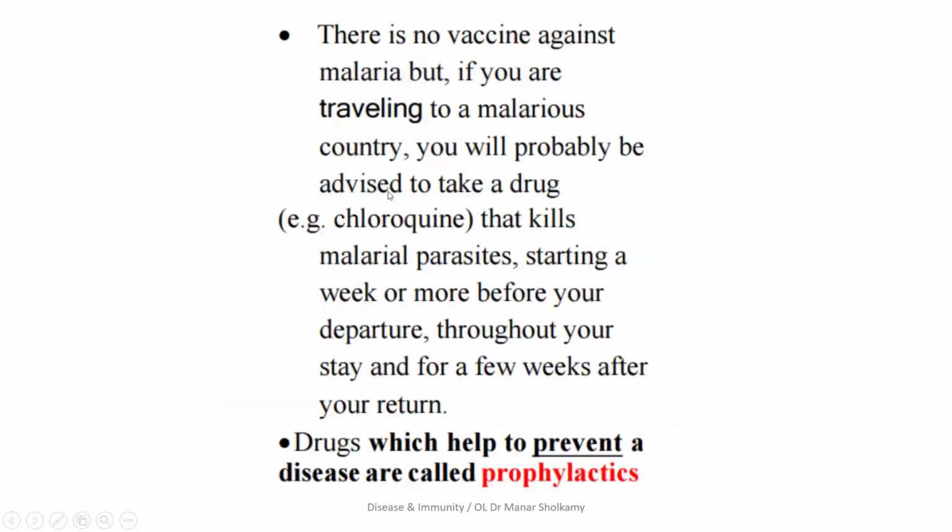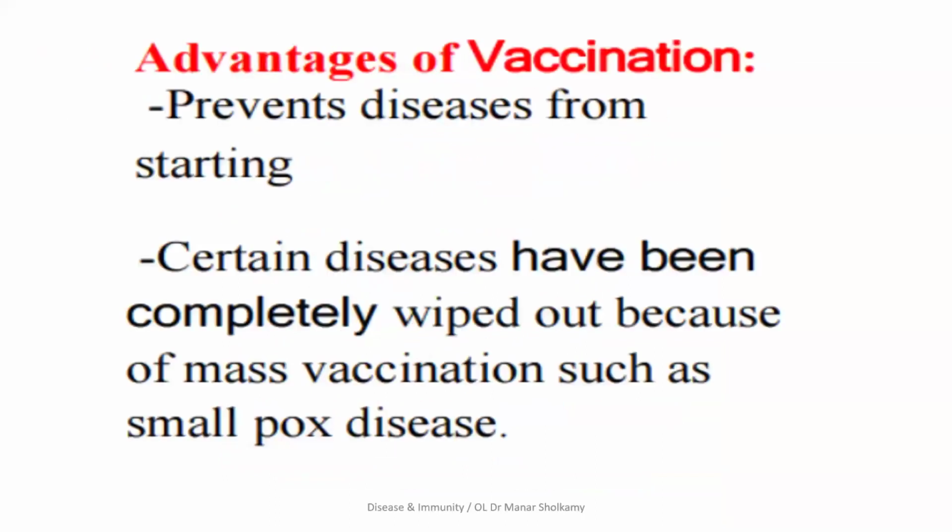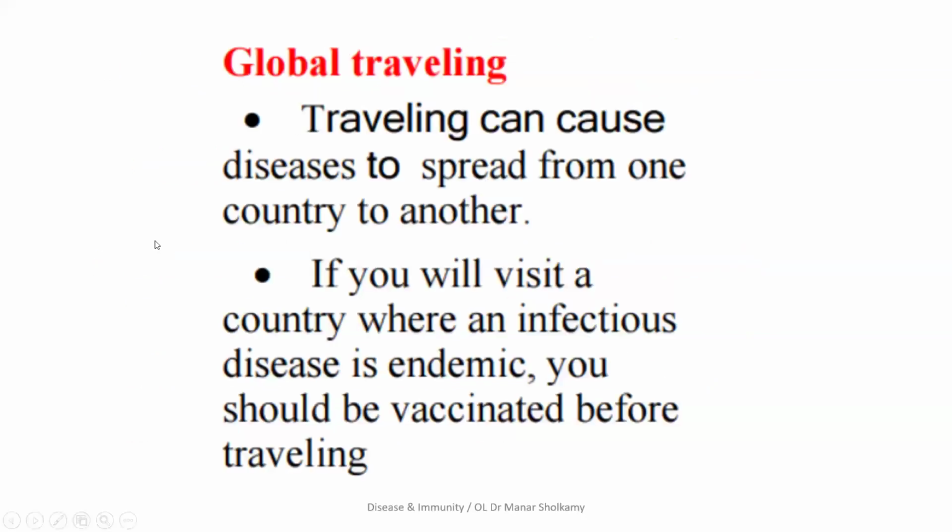So I finish with you the different diseases. I think we talked about vaccines and their advantages, or in case we didn't, what are the advantages of vaccine? It gives you immunity. It prevents disease from starting. Some diseases have completely been wiped out. They're not present on Earth because of vaccine, like smallpox, for example. It's a horrible disease.